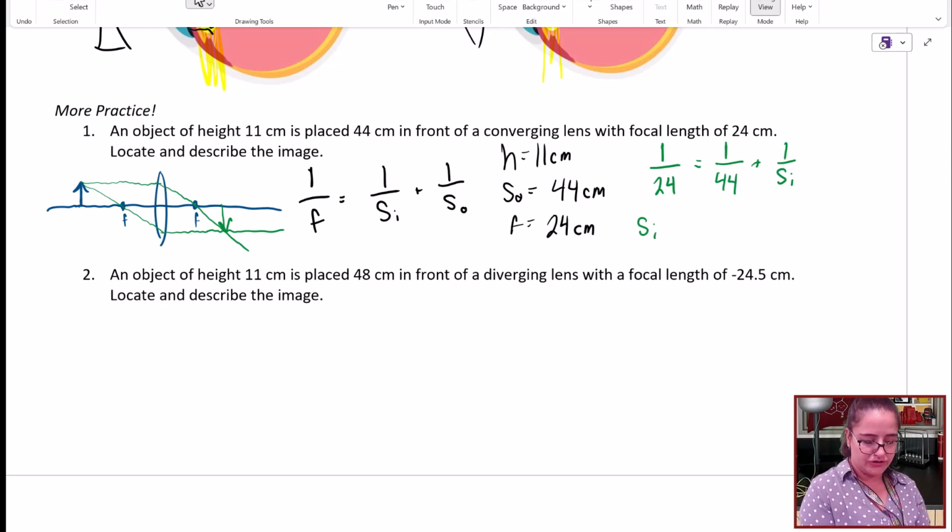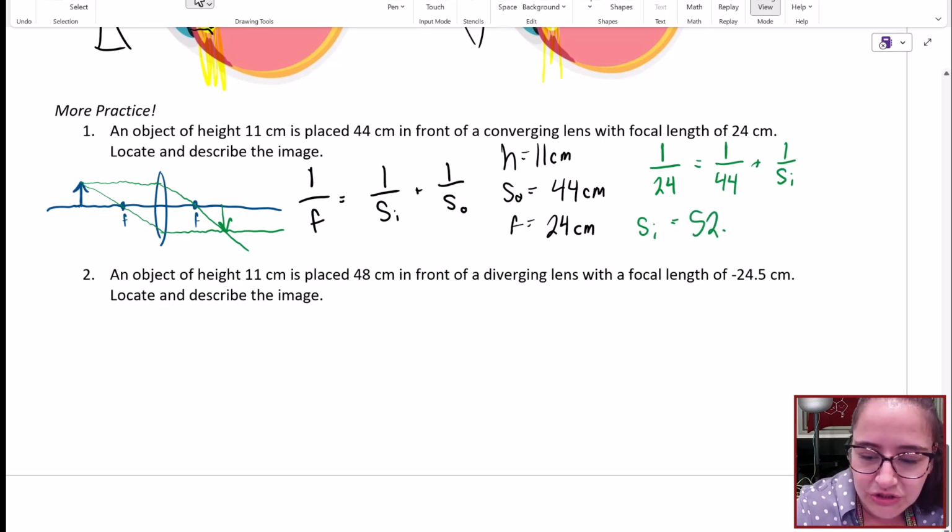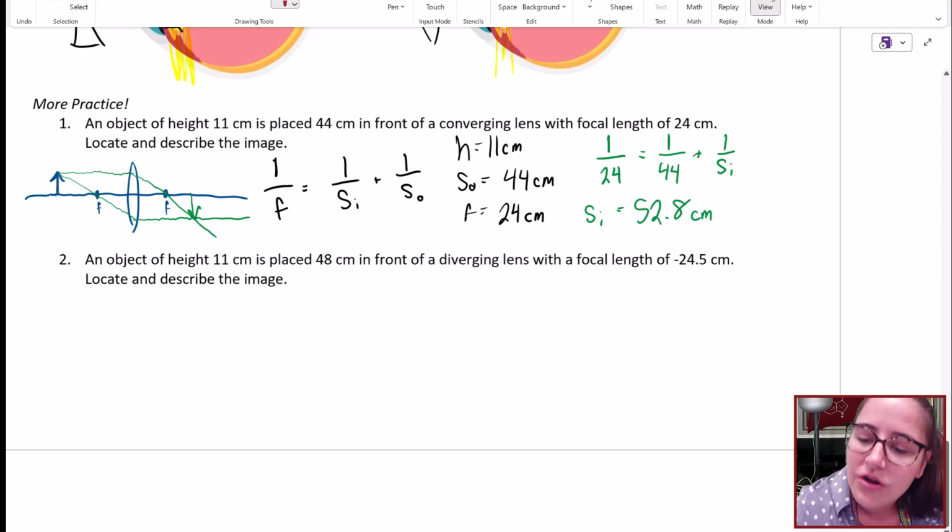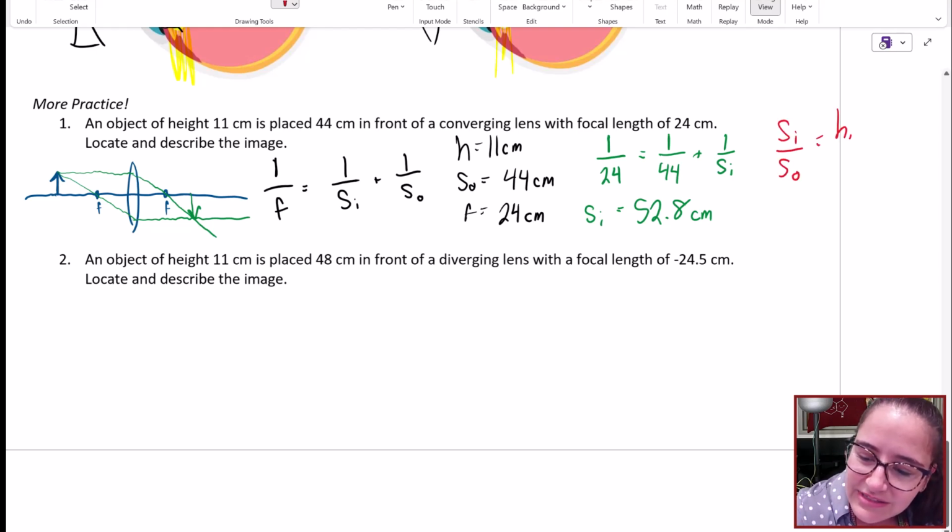So I have 1 over 24 minus 1 over 44, and then I take the inverse of that, 1 divided by that answer, to get an image distance of 52.8 centimeters. Okay. So then if I want to find the height of the image, remember our equation is that the image distance over the object distance equals the height of the image over the height of the object.